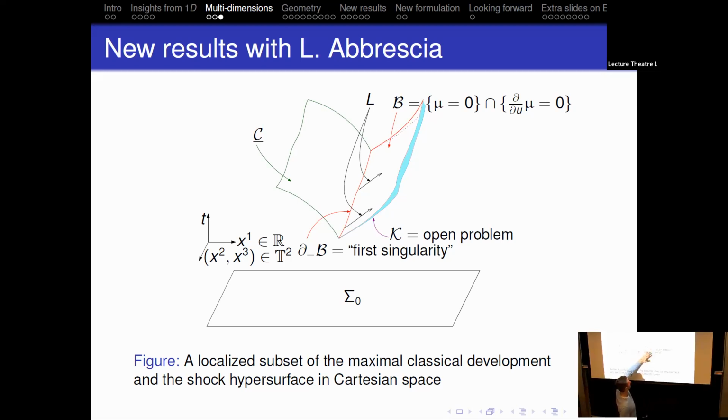In the construction of the weak solution, it is very convenient to have the singular boundary available as a mathematical barrier for the iteration procedure that one uses to construct the shock hypersurface K. So even though the classical solution in this region is not physically the solution that you care about, it is mathematically very helpful for solving the problem that one actually wants to solve one day.